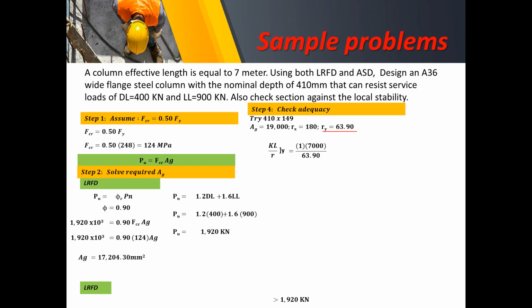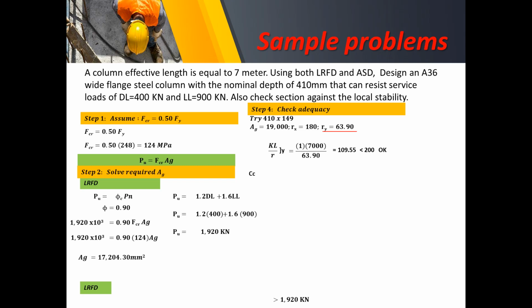We use an effective length factor K of 1. We substitute the length of 7,000 and then ry of 63.9. We come up with the maximum slenderness ratio of 109.55, which is within the limit of 200, and that would be okay.